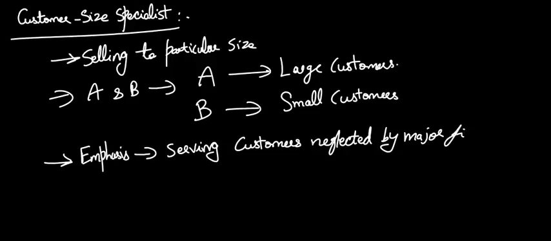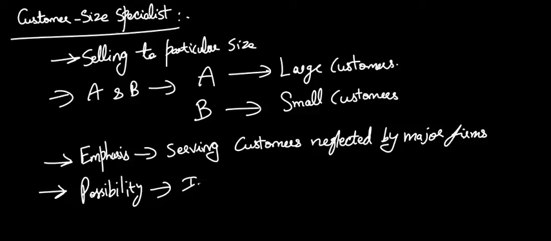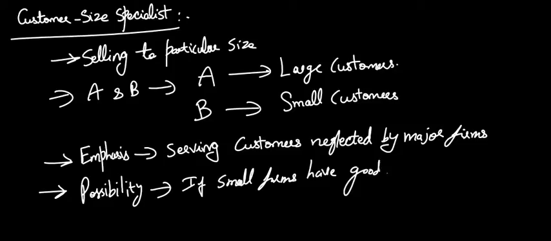So by this, the smaller firms get a foothold into the market where major firms are not competing, and in the process they can develop their own business and become a competitor to the major firms in due course, which will definitely be a possibility if small firms have a good production chain, so that they can expand to the markets which are dominated by the majors.